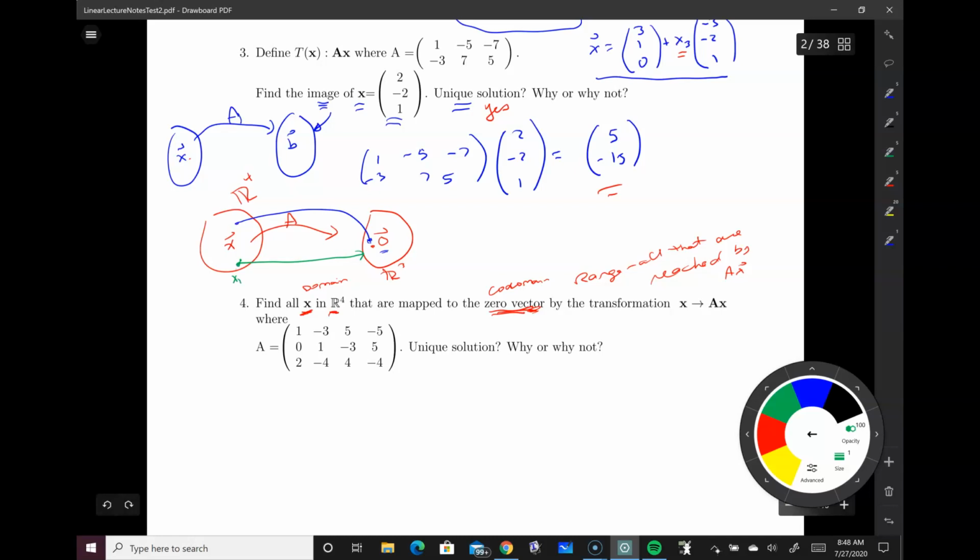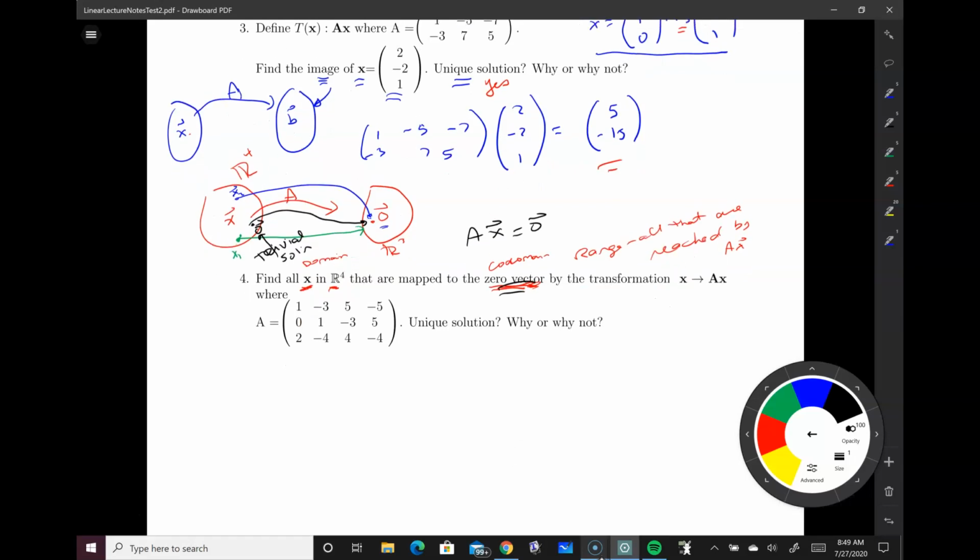We'll just use x sub 1, and this one here I could call x sub 2, so there'll be different vectors. But I know for sure this vector here, which is the 0 vector, will always go to 0 because this is the trivial solution. Because when I'm looking for the things that go to the 0 vector, I'm looking for the solutions of Ax equals 0.